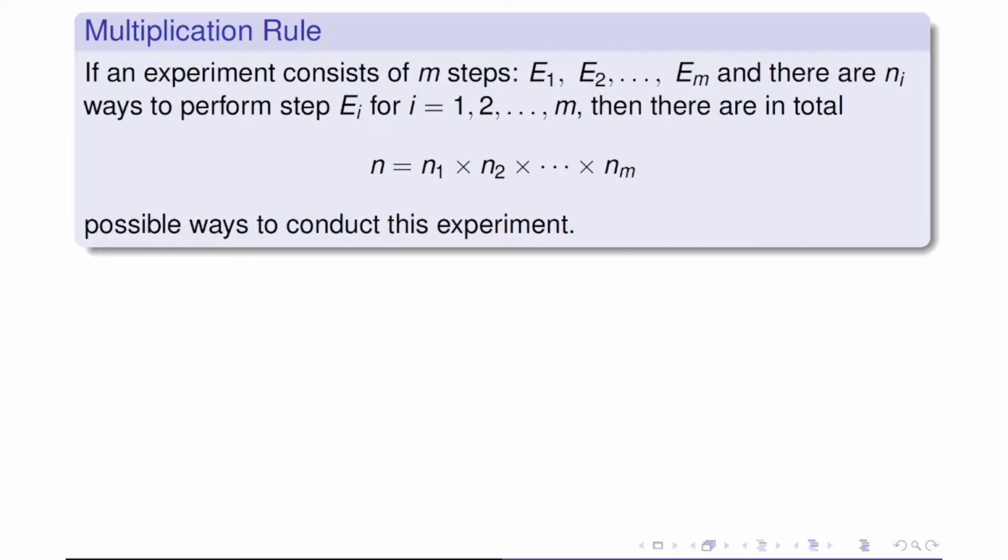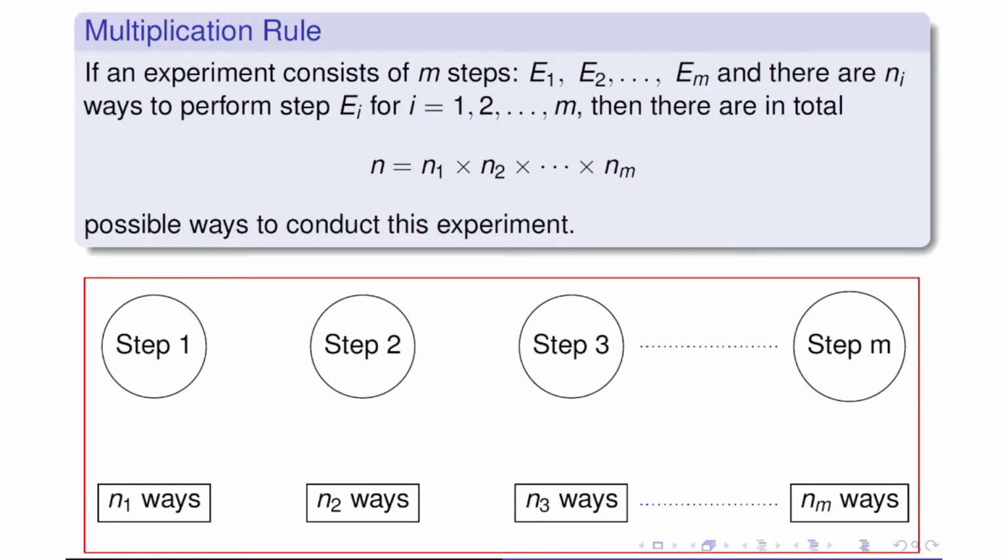What do we mean by this multiplication rule? Consider these steps 1, 2, 3, and m. We first do step 1, then move to step 2, then step 3, and so on until step m. There are n1 ways to perform step 1, n2 ways to perform step 2, n3 ways to perform step 3, and finally nm ways to perform step m.